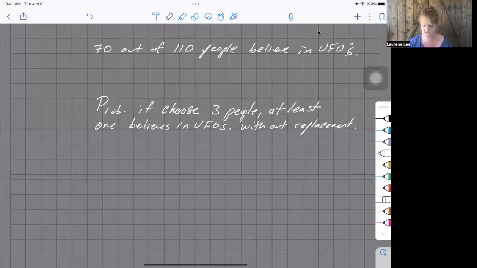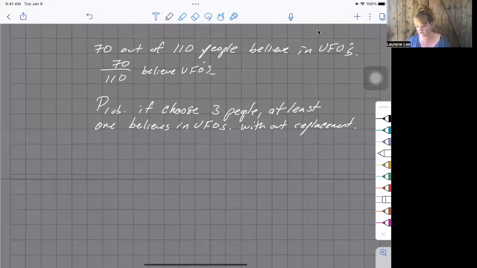Okay, so first thing that we want to do is figure out what's my percentage of people who believe and don't believe. If I've got 70 out of 110 people who believe in UFOs, then I want to know how many don't believe.